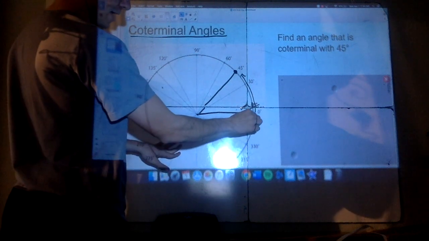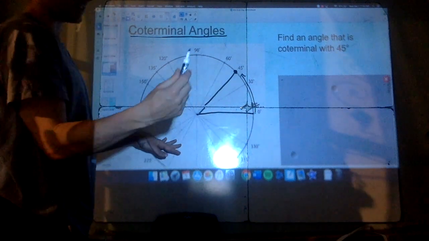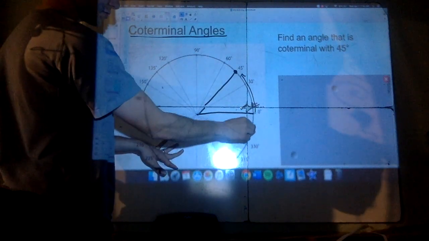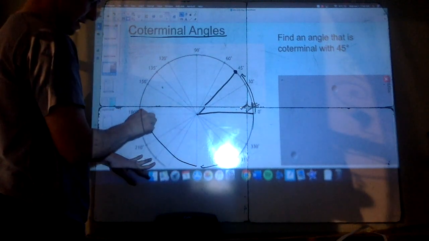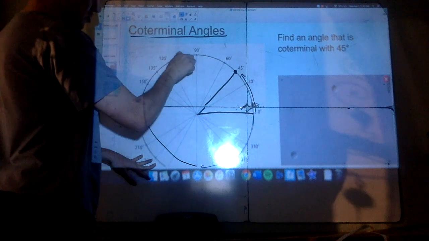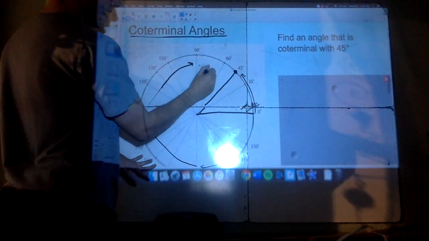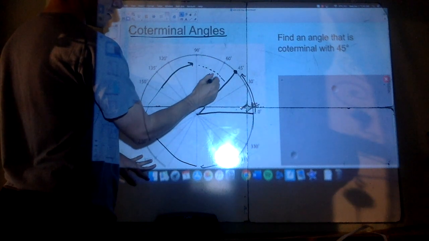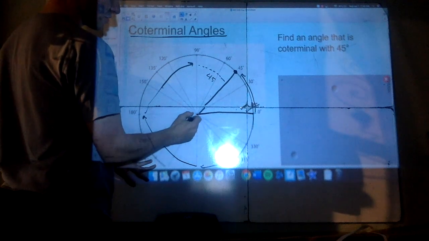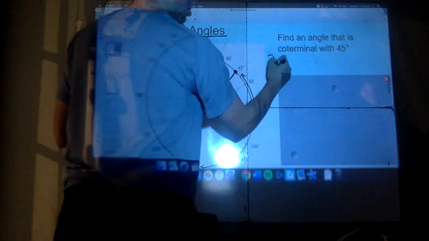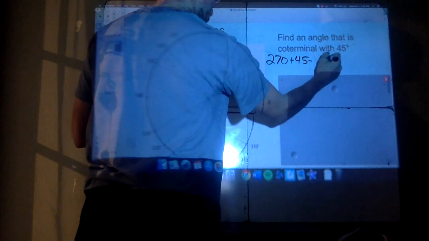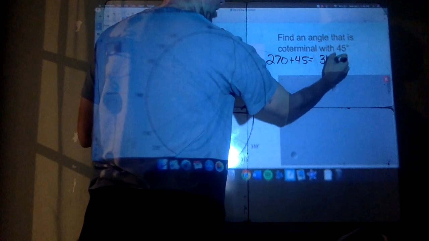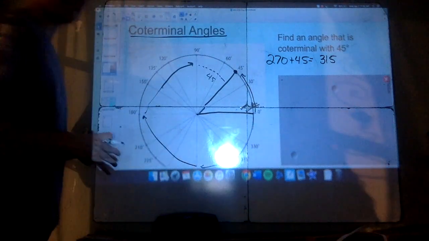Let's count by 90s, which is a good one to start with. If we go backwards, we go 90, 180, 270, and then you need this extra 45. So that was 270 plus 45, and that gets us 315.